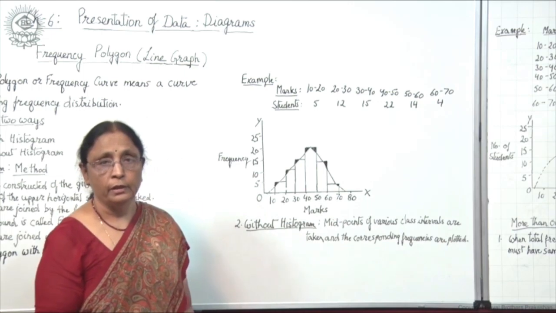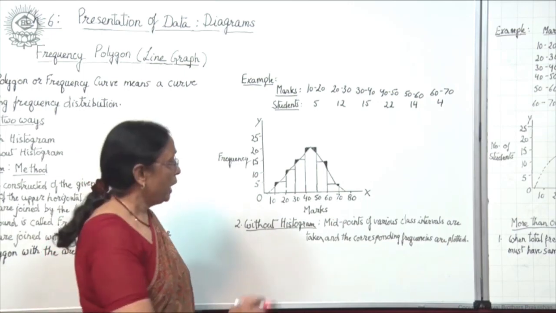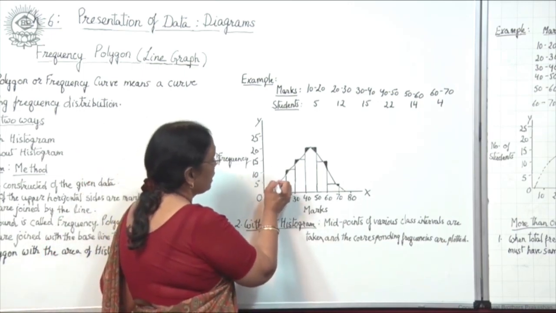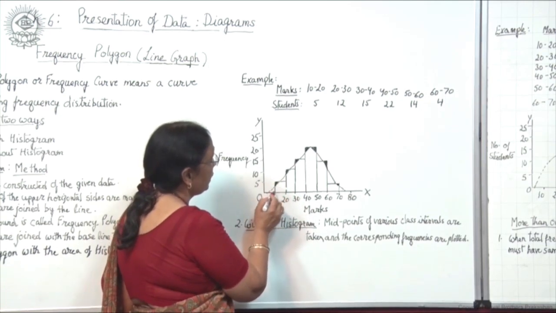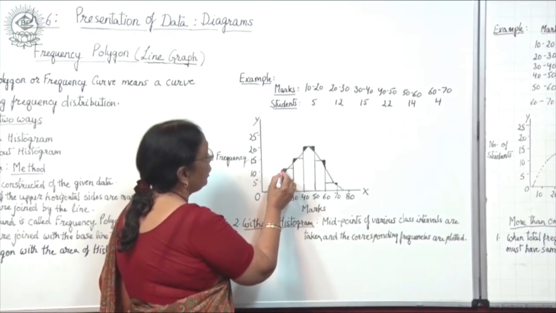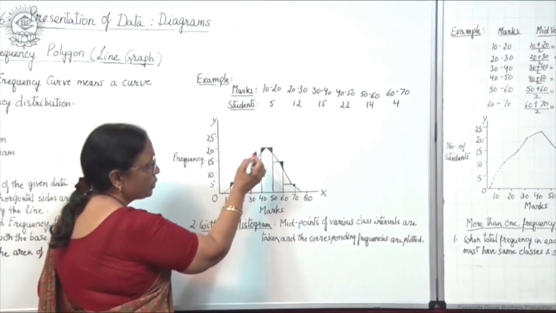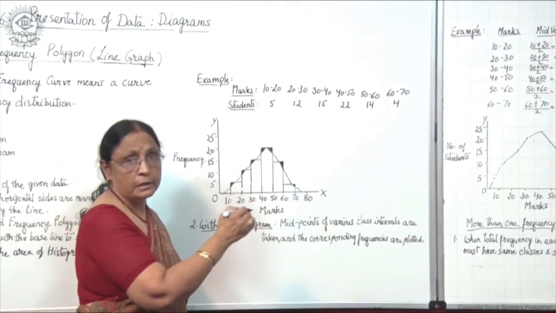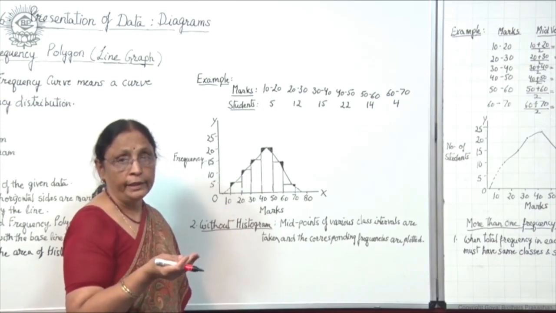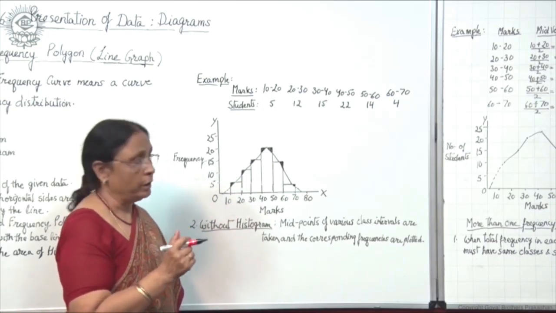What does this mean? This shows that the area which is outside the line, you can see that when you are drawing the line, some area of the rectangle you are excluding. So this shaded area is the excluded area. This is outside the line or outside the frequency polygon.